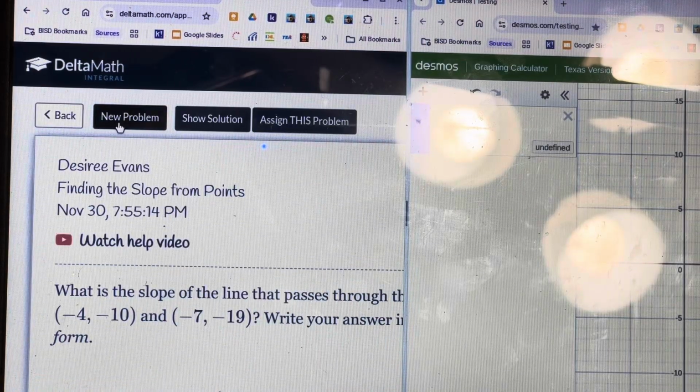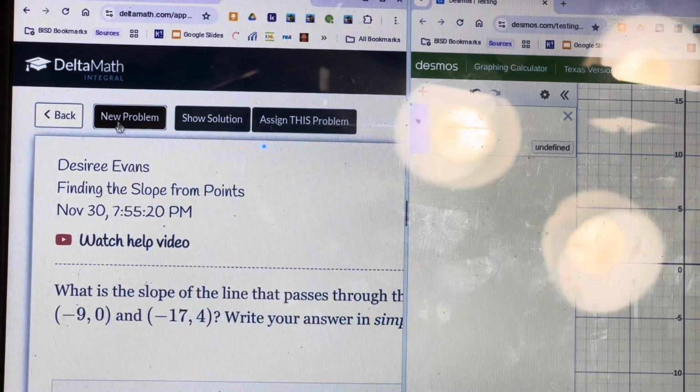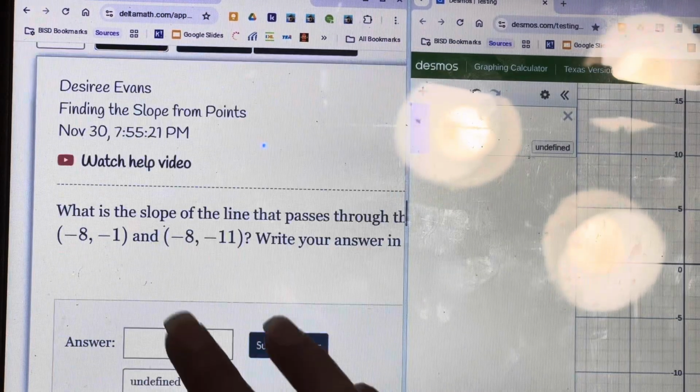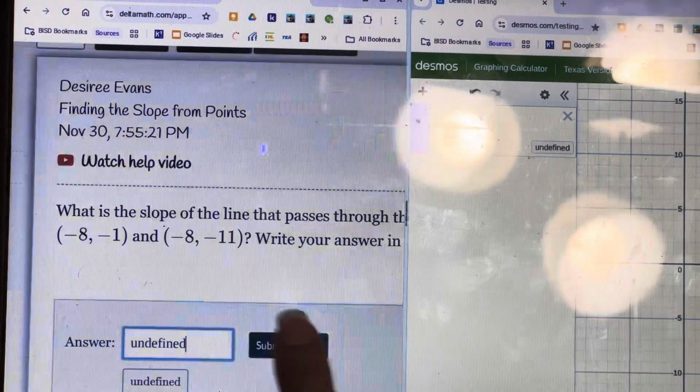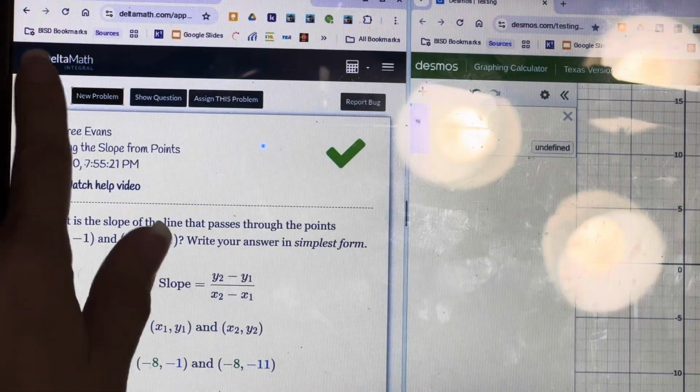Hold on, I want the problem to look just like that. Okay, let me do it again. Sorry, guys. -11 minus -1, -8 minus -8 is undefined. Oh, right there. Okay, two more.